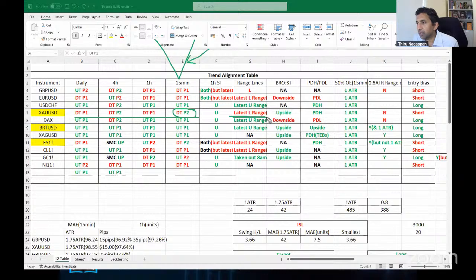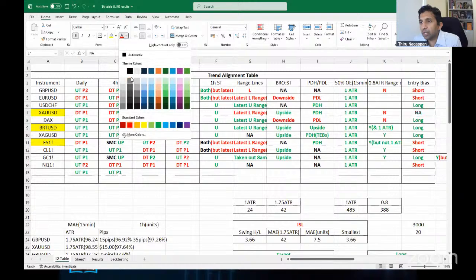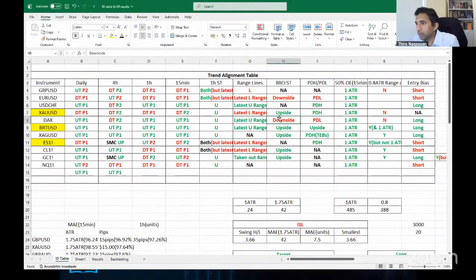Here, there's 5. Yeah, it's mixed, isn't it, traders, right? And then even if I did the 2, 3, 4, 5 as well, it's a tie. So to be honest, I can't really say any entry bias over here. So I'll put NA over there. My only entry bias comes if I look at the bar mechanics itself, it's pointing to the upside.